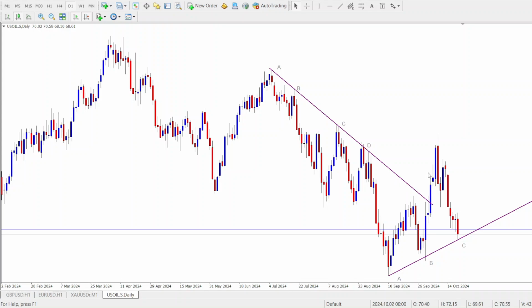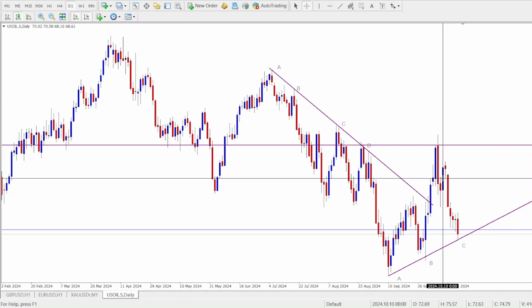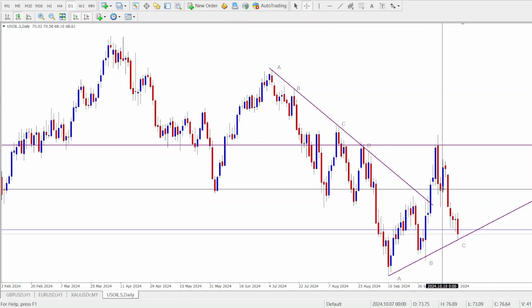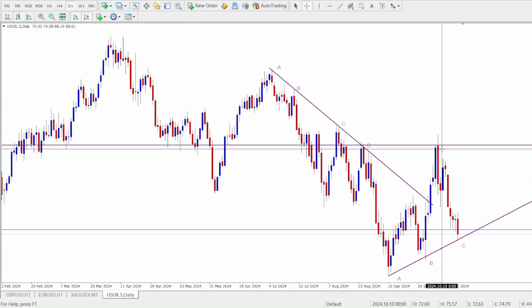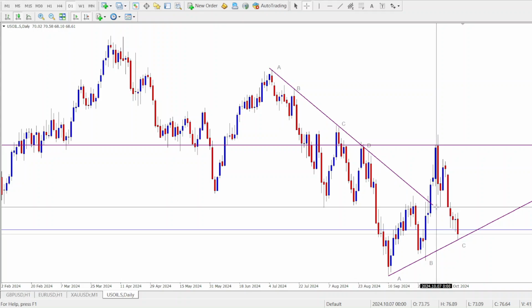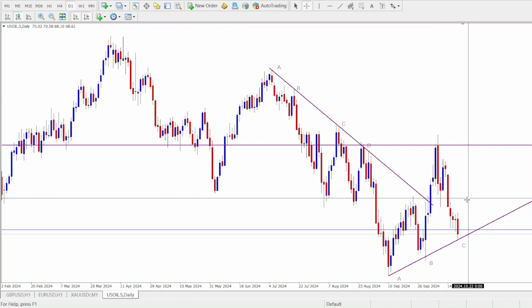If it's a bullish breakout, let the candlestick close above it, then you can enter your buy, and you can consider setting take profit at the nearest resistance level, and that would have been somewhere here. So we would have considered entering a buy trade around here and taking our profit around here, and then the stop loss can be just below the breakout level.